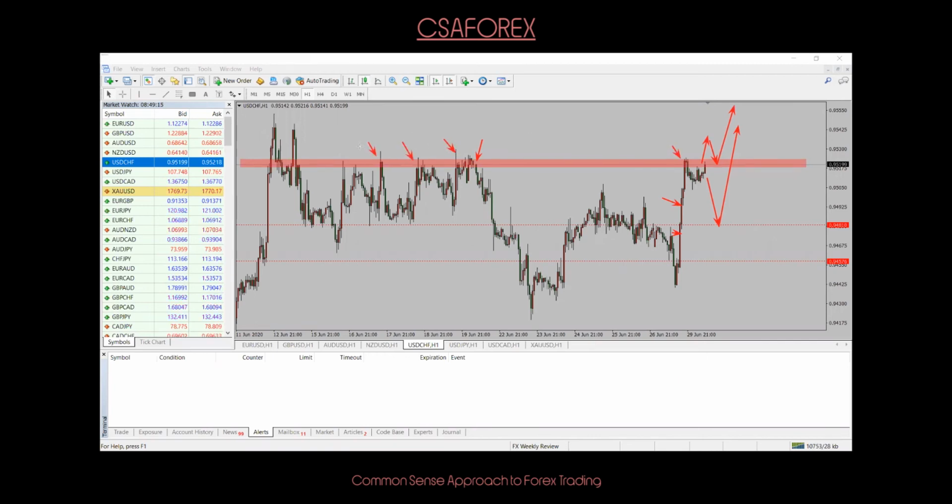So you're seeing a lot of resistance here, as you can see, right? Little support here. So that means that if they should break out to the upside and then retrace, I would definitely be looking for a position to go long over here, right? To buy over here. I would like to buy at this area here.